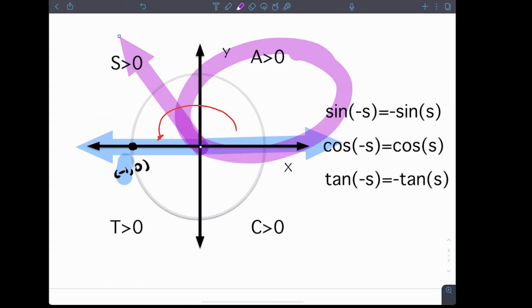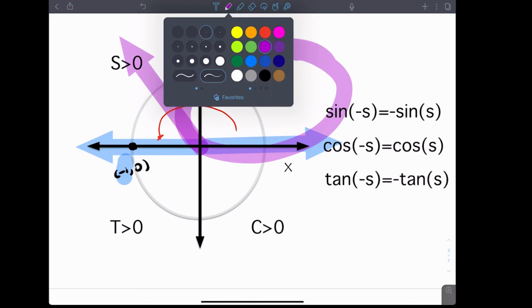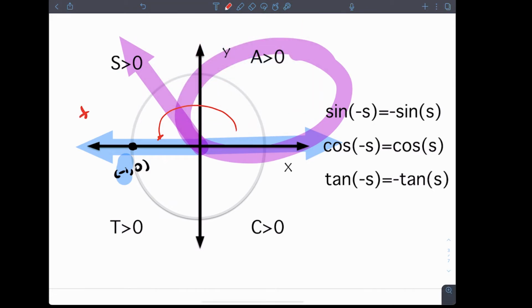What do I know about quadrant 2? Sine is positive. So what does it mean about tangent? It's negative. So this information tells me that tangent of 2 pi over 3, because it's 120 degrees, is actually negative, not positive. It's negative square root of 3.